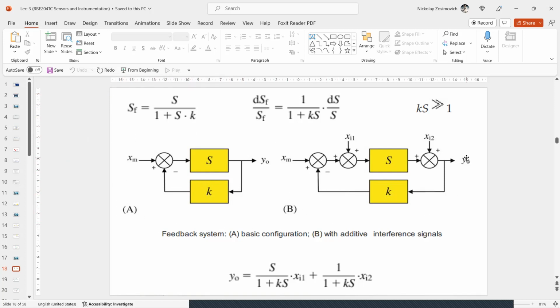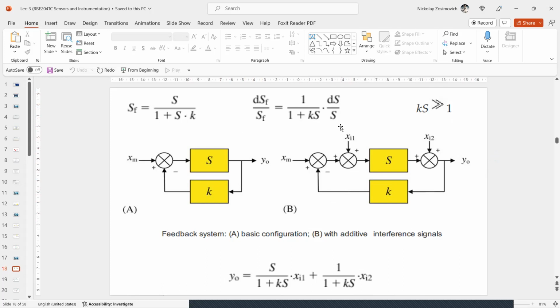In figure B, we have the configuration with an additive interference signal. A relative change dSF in the transfer S causes a relative change dS in S according to our second equation.